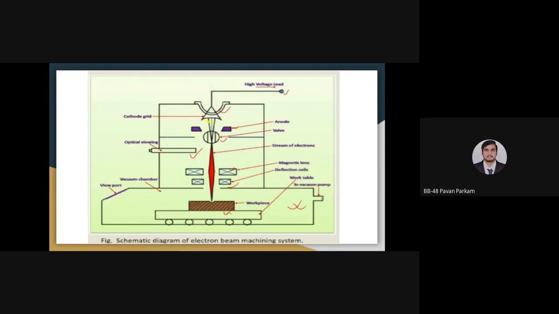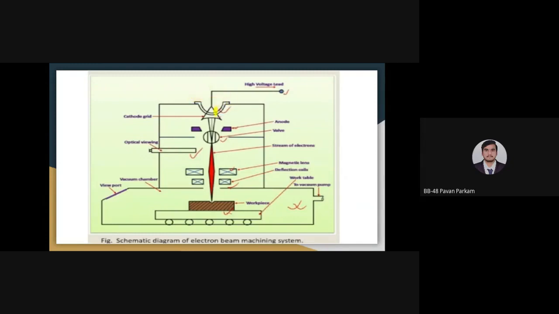So this cathode filament is actually heated up by using the high voltage lead. Now the small question arises: how to produce the electrons? To generate the electrons, we are going to use the tungsten filament cathode. To heat that tungsten filament, we have used a high voltage lead.